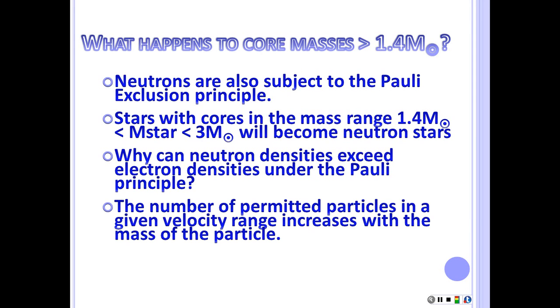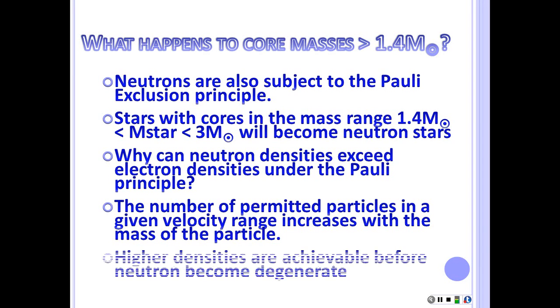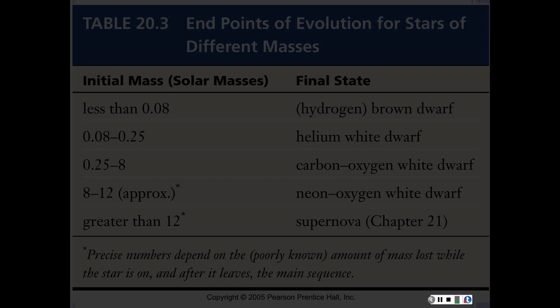Well, they are, but because they're more massive, you also have more options of velocities. The low mass of the electron means that mv is much more limited in its number of velocities that you can have. And so you can achieve higher densities with the neutrons, but eventually you do hit that point, and that's where you get a neutron star.